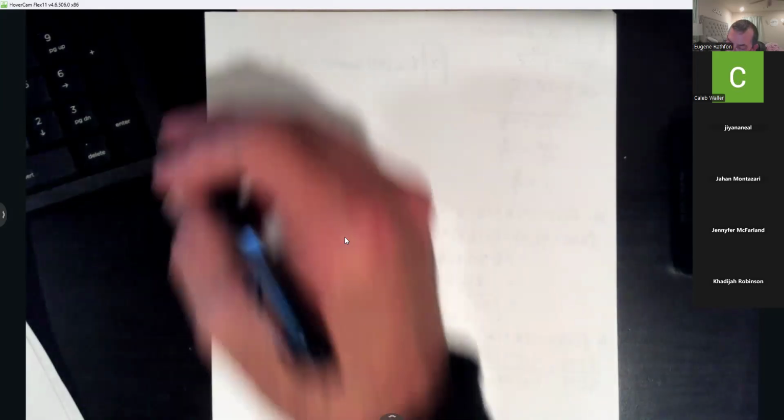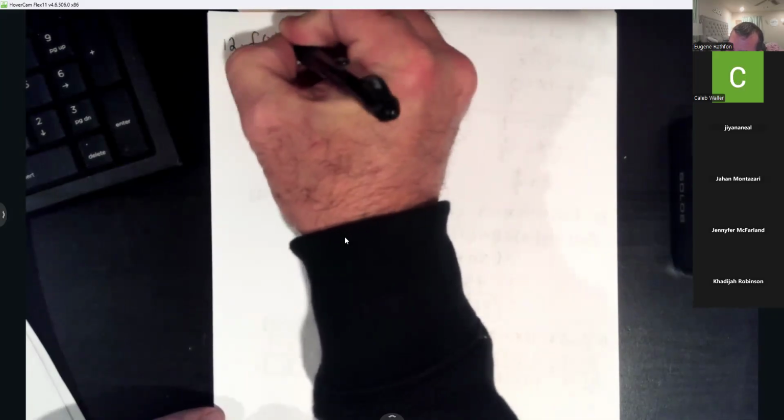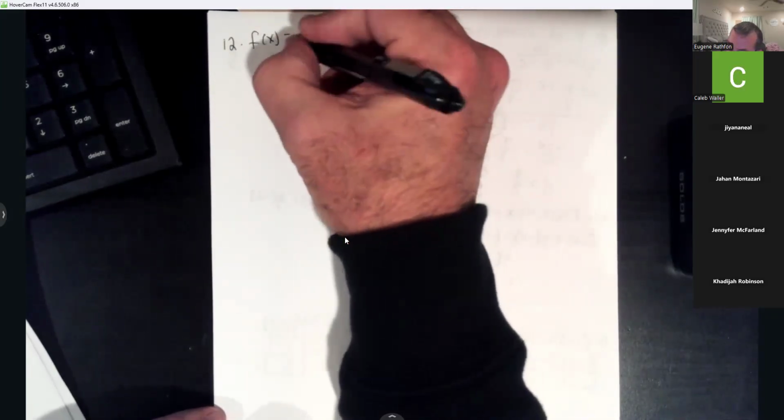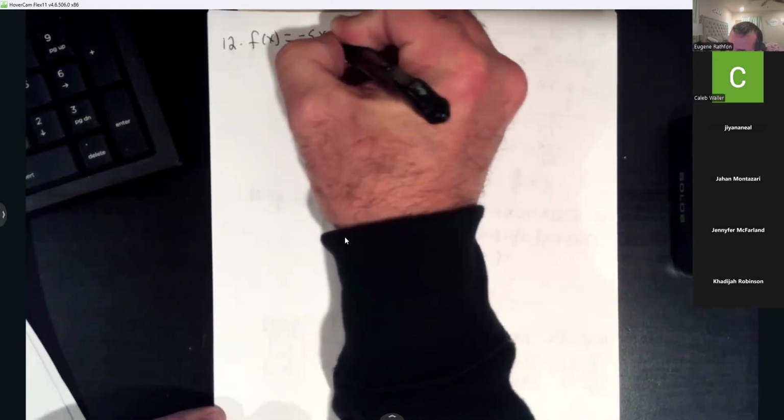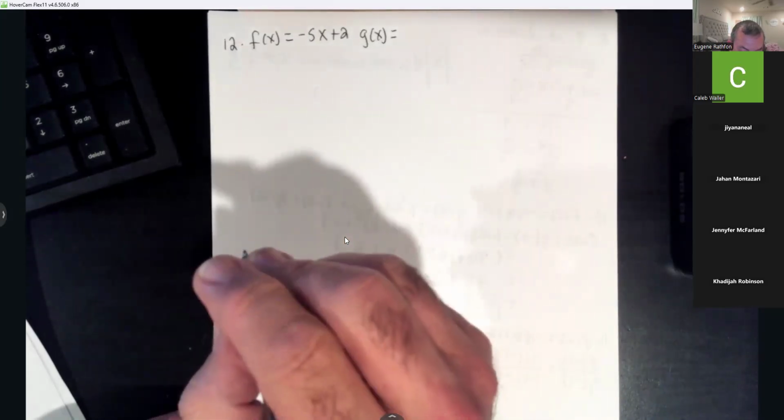All right, y'all, so that puts me on number 12 now. So for this one, f of x is going to equal negative 5x plus 2. G of x is going to equal x squared plus 2.